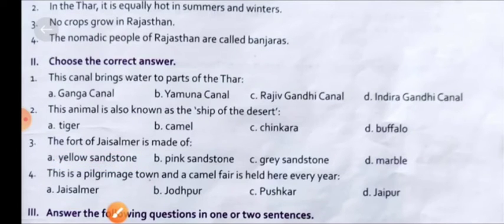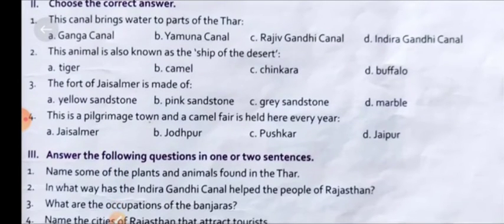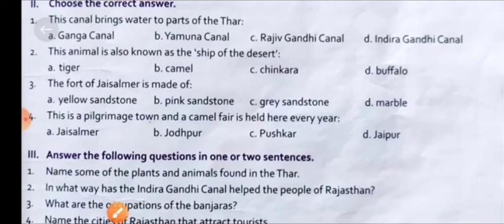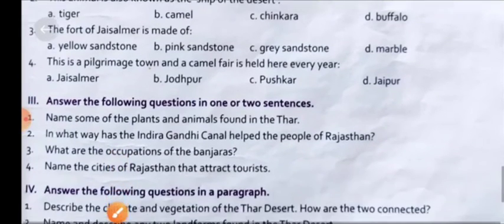This is a pilgrimage town and a camel fair is held every year. Which place holds a camel fair every year? So the right answer is Pushkar. Okay, Pushkar is the place where a camel fair is held every year.